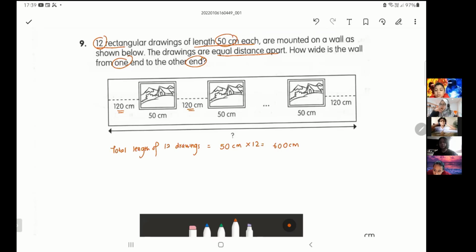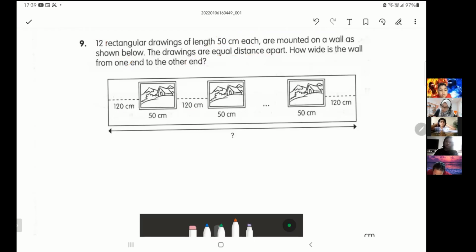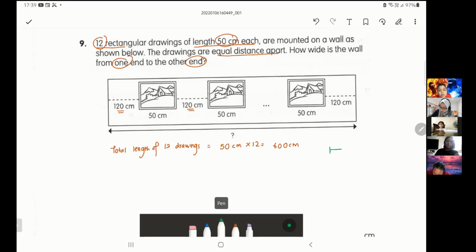Okay, now the gaps. If you want to find the gaps, I have 12 drawings. Gaps, if you remember, for example, this is from A to B. If this is between A and B, and then I add a few, these are the gaps, the spaces in between.